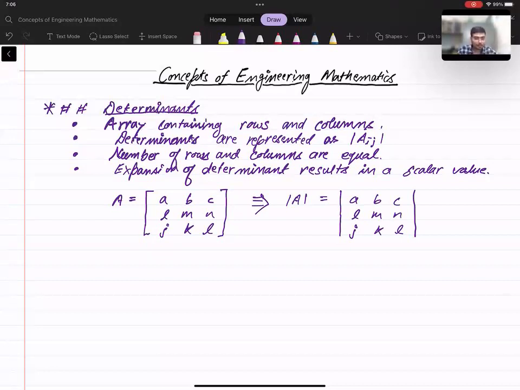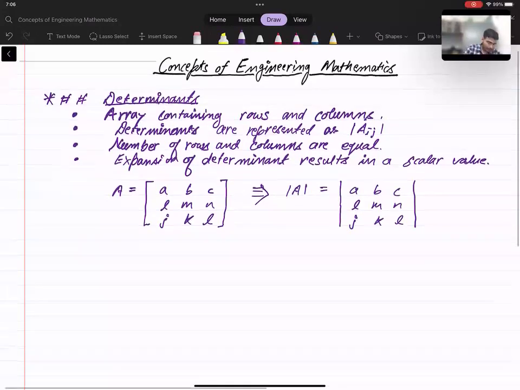We will see in a while how the determinants are expanded. Before that, let us see what we mean by a minor, because we will be needing the minors for expanding the determinants. And as I mentioned, the symbol Aij.